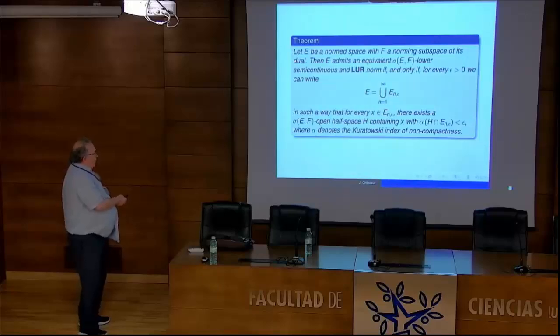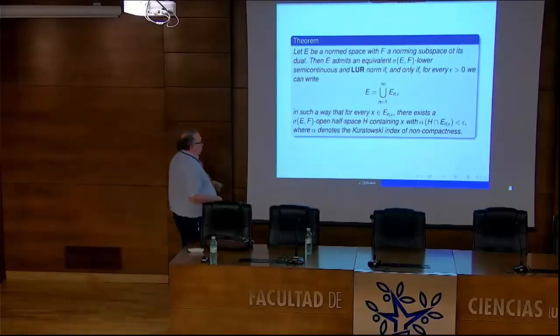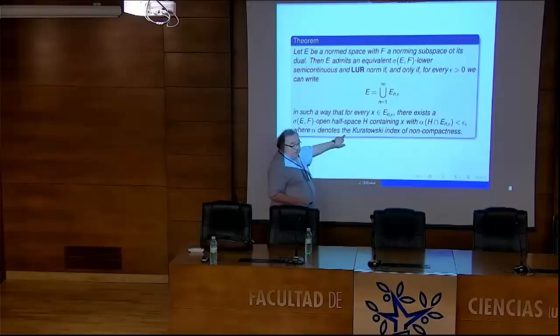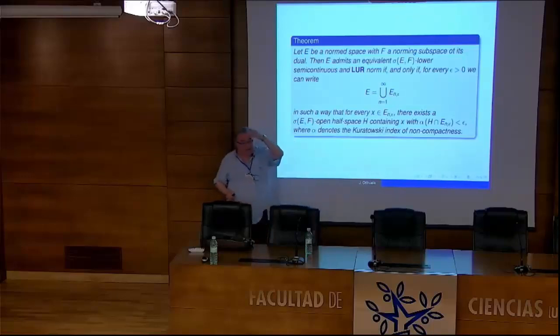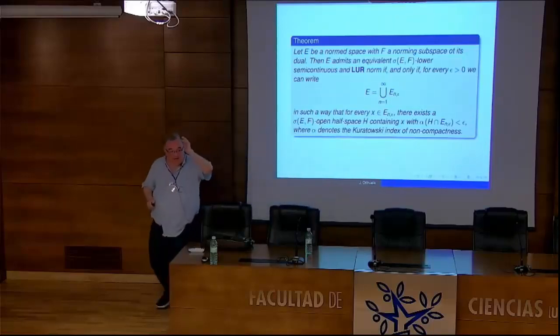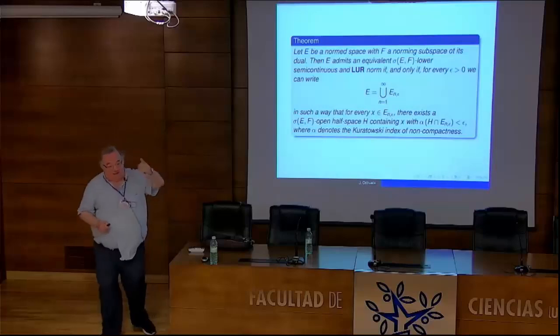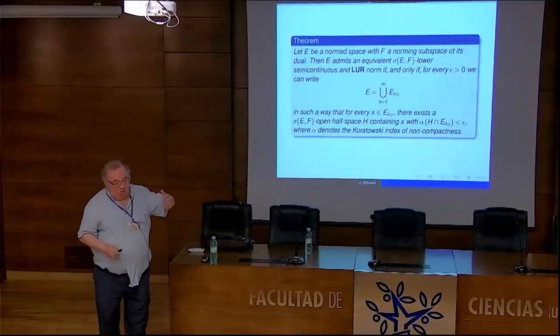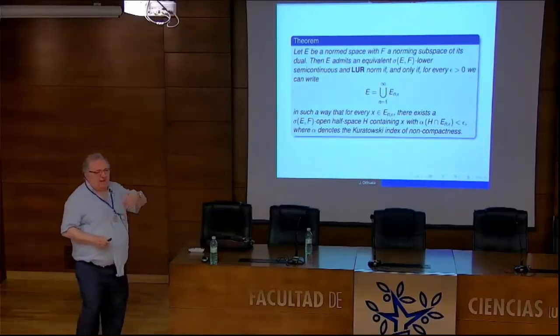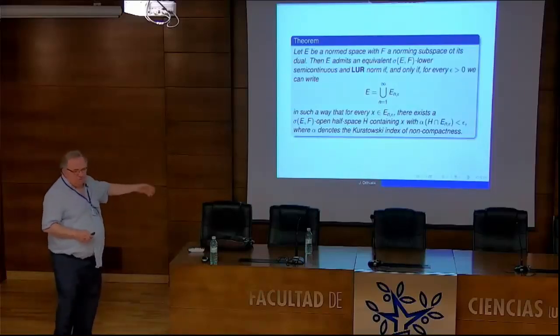We also have the same with the Kuratowski index. Finite corresponds to the Kuratowski index. The Kuratowski index was done by Troyanski with martingales, and we did it later without martingales, with another approach.